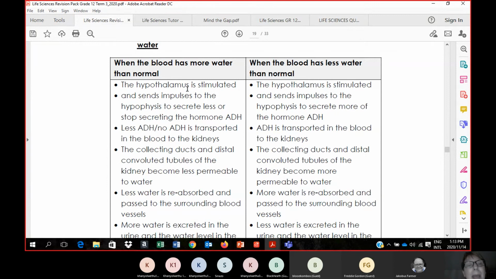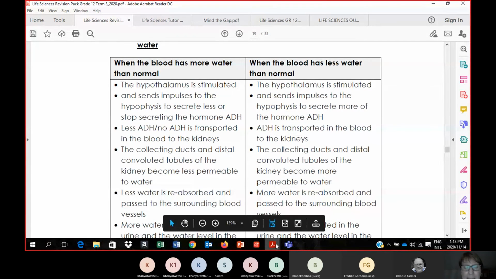So the hypothalamus will be stimulated, and impulses are sent to the hypophysis. You can also call that the pituitary gland. Now less of the hormone ADH is going to be produced. So less ADH is transported to the kidneys. And then those collecting ducts and distal convoluted tubules become less permeable to water.